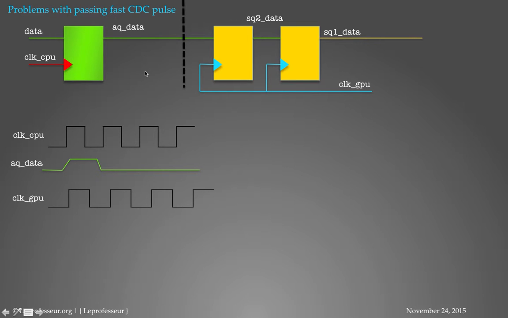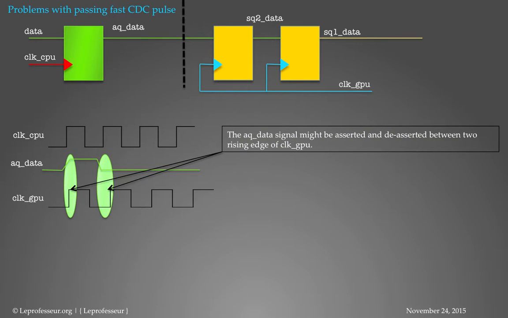Now let's discuss another interesting thing. What are the typical problems when we pass a too fast CDC pulse? You have done everything right. You are registering the data signal in the sending clock domain, and in the receiving clock domain you have two synchronizing flip-flops. However, your pulse, or AQ data, is changing too fast. So there are problems.